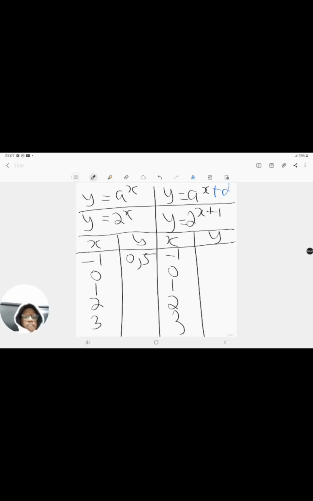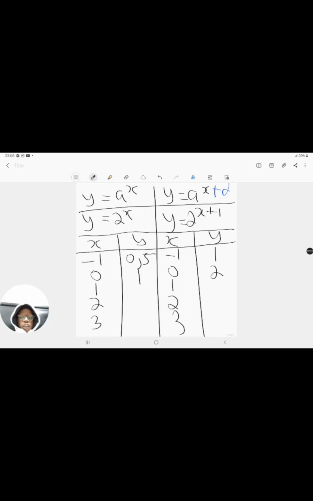In this case, we have 2 to the power of -1 plus 1, which is 2 to the power of 0, which is 1. For the second one, x is 0: 2 to the power of 0 is 1. Then 2 to the power of 0 plus 1 is 2 to the power of 1, which is 2.